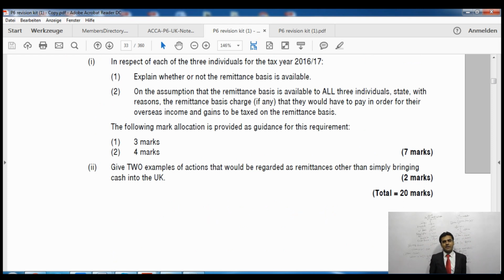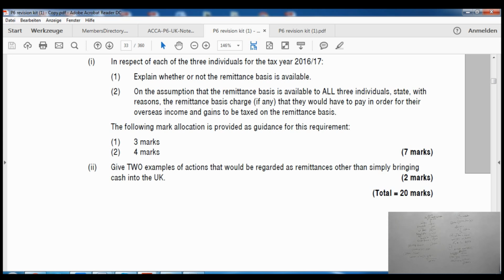We know that if unremitted foreign income is less than £2,000, then it is automatically available. If it is automatically available, one benefit is that we will get the personal allowance, we will get the capital gains annual allowance as well, which is the annual exemption for capital gains tax purposes. We will see that in our next video. So we will get that as well, and we won't pay any remittance basis charge.